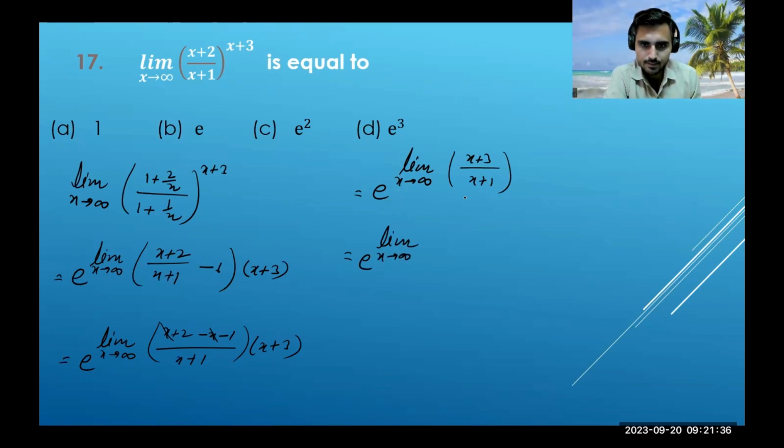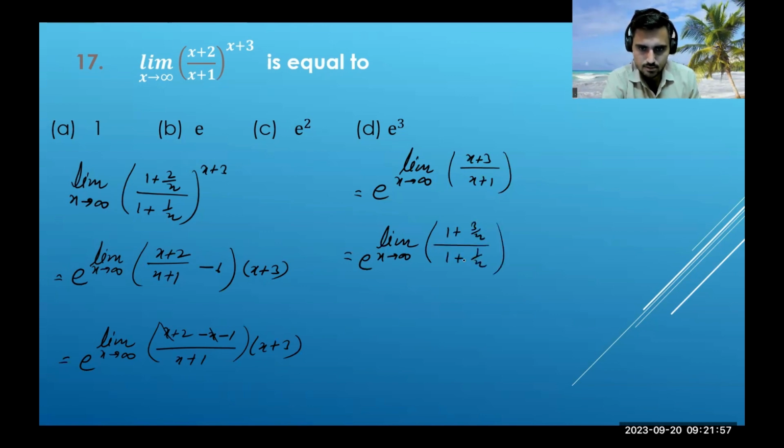Whenever we have limit x tends to infinity, in that case, try to make the function 0. So we'll take x common, so 1 plus 3 upon x, right? And 1 plus 1 upon x, right? So e raised to the power and x raised to the power infinity.